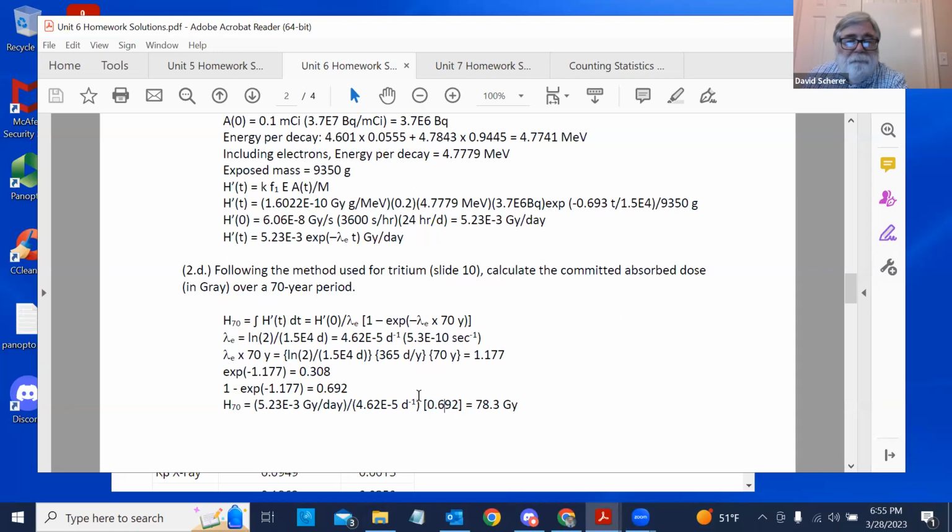That's where these factors come from, and it multiplies out to 78 grays. Okay, does that make sense?